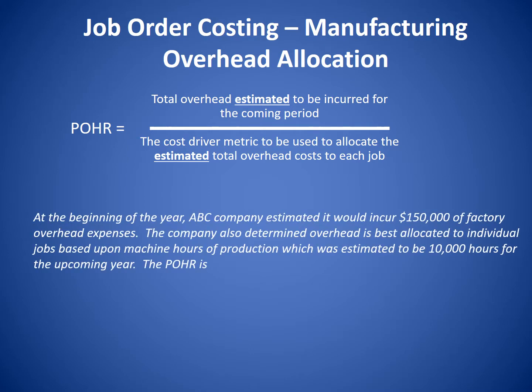Now, let's do this for an example. At the beginning of the year, ABC Company estimated it would incur $150,000 of factory overhead expenses. Now that's estimated again, remember.